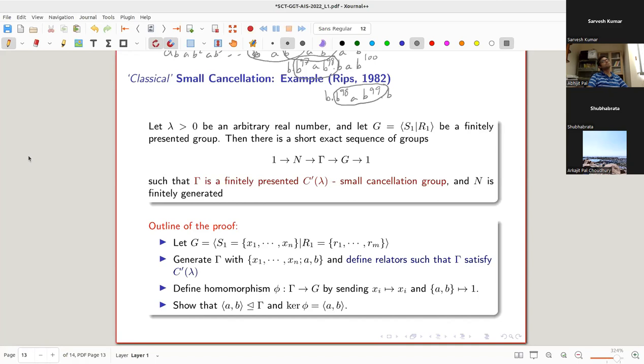So you keep changing lambda, and you can see G as a quotient of so many hyperbolic groups, in particular small cancellation groups.